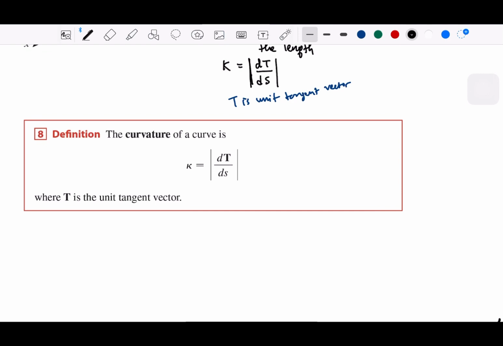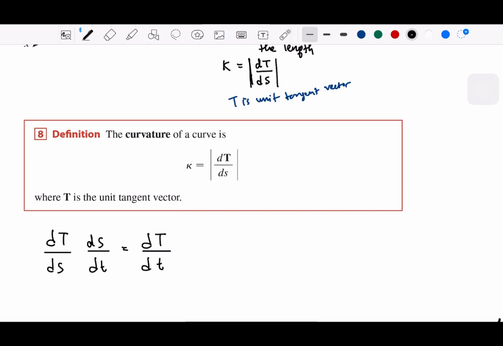We can write first from our notes that dT over ds, if we take the chain rule with respect to t, we get that this is dT over dt, which means this is the derivative with respect to t of the unit tangent vector.